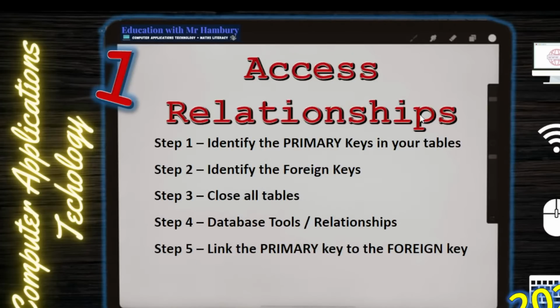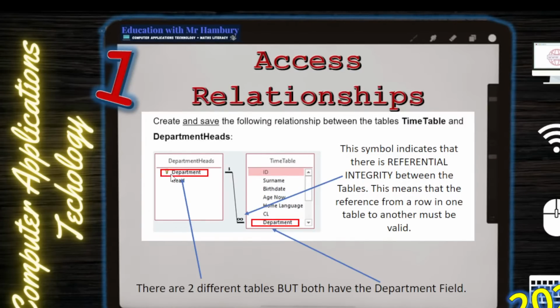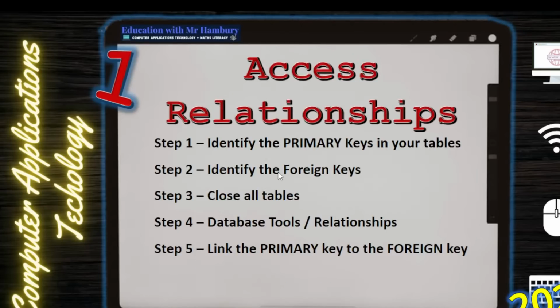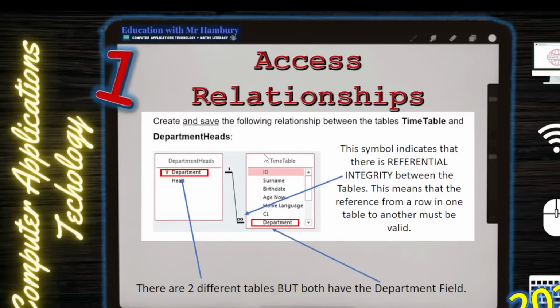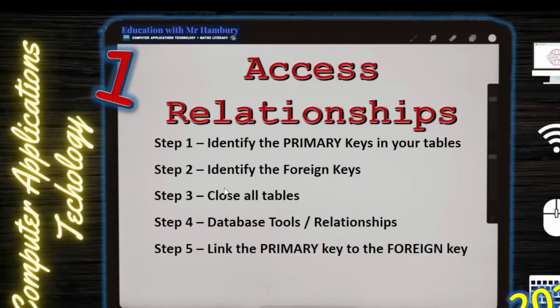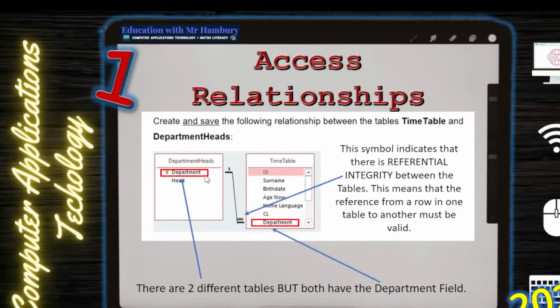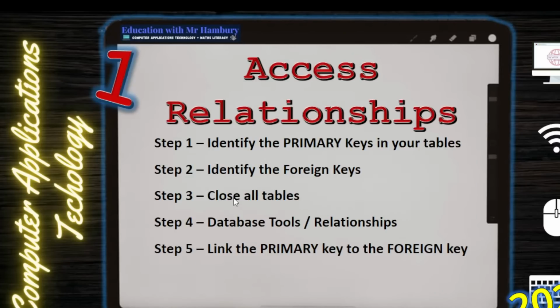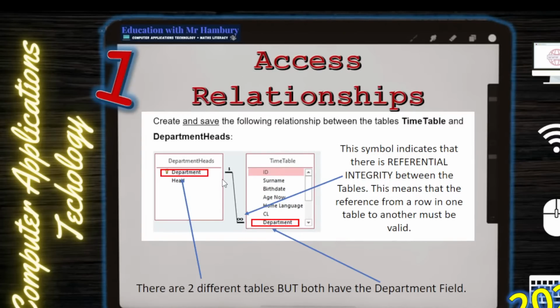So this is why with relationships, you've got to identify the primary key in a particular table. The foreign key that you want to link it to in the other table means it's not a primary key. We then close all the tables, and we would then link the one to the other. So we basically drag the one over to the other. It then forms that line to show the relationship, and then you can say what you want to do.